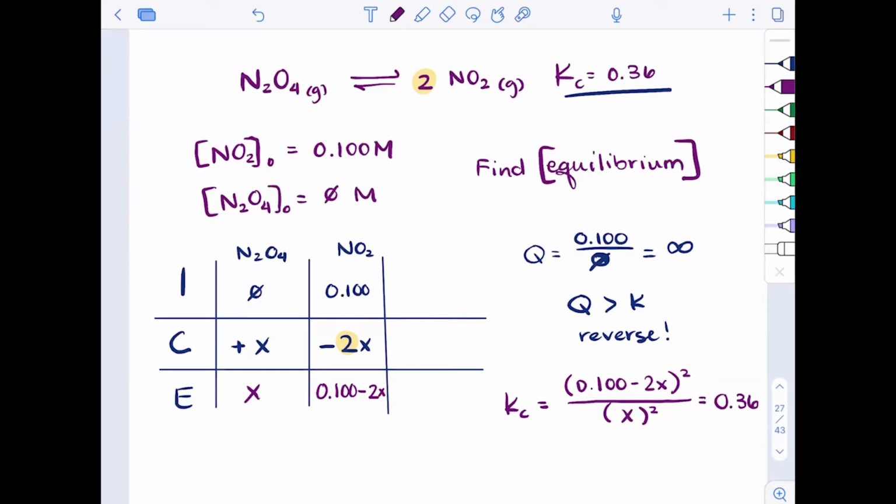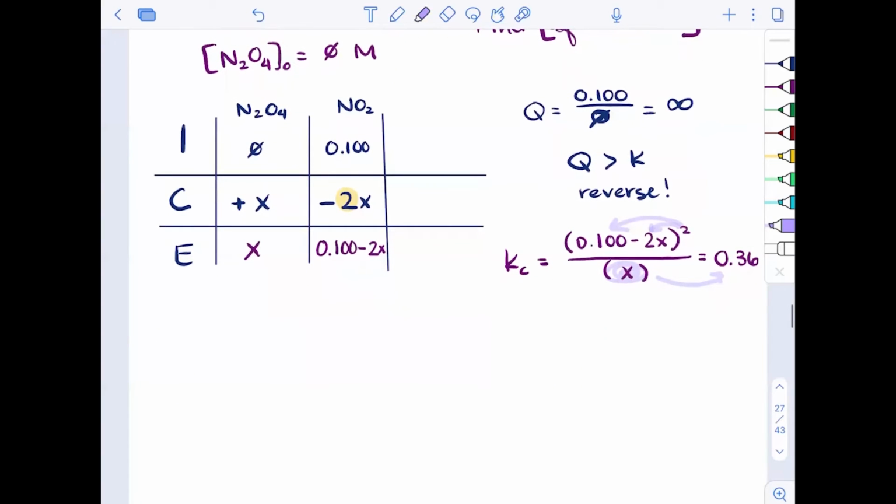Now, lots of algebra. We need to FOIL: first, outer, inner, last. And we have this denominator that we have to distribute over to the other side. Our goal here is to solve for X.